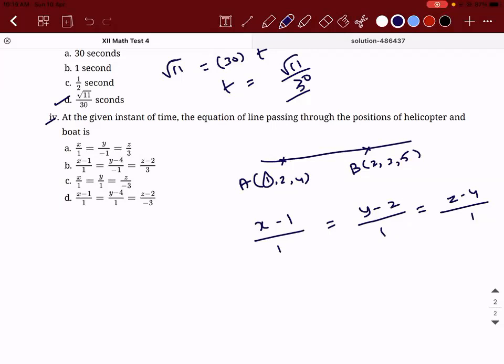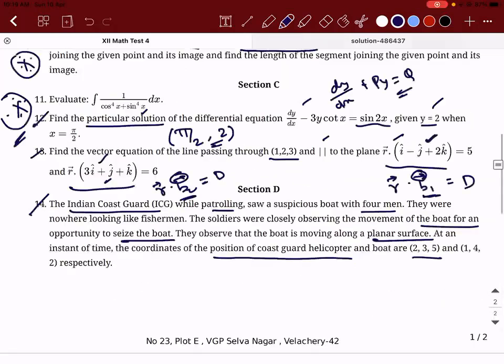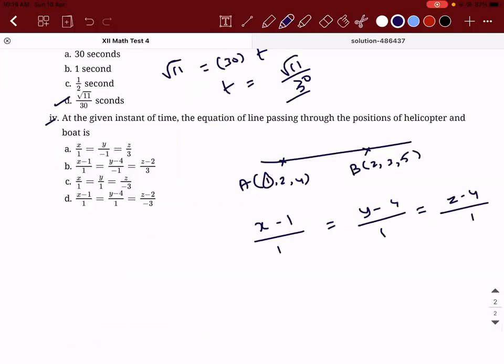The equation of the line passing through the position of the helicopter and the boat, 1, 2, 4, and 2, 3, 5. So x minus 1 by 1 is equal to y minus 2 by 1 is equal to z minus 4 by 1.